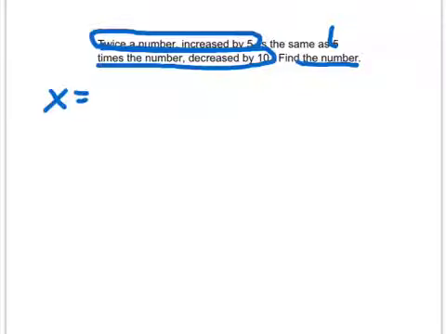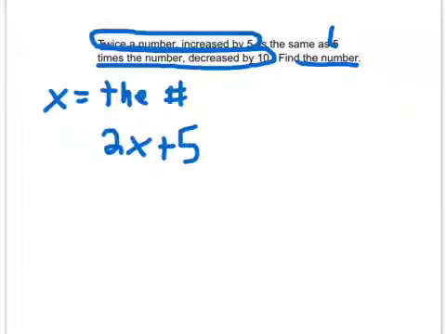So x is equal to the number. Whatever the number is, that's what x is equal to. How do we represent twice a number increased by 5? Twice a number means 2x. Increased by 5 means plus 5. And then it says is the same as, which means equal to.